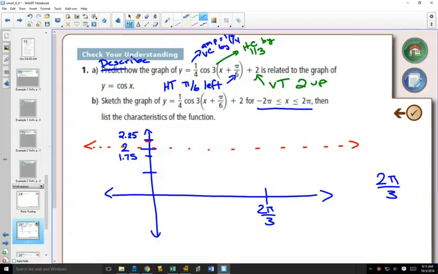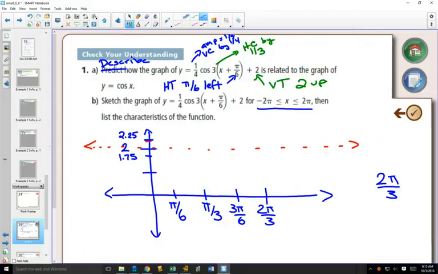Where does a cosine graph start? Oh, I have to divide it into 4 equal sections. So 2 pi over 3, then we divide it into 4 equal sections. Half of that would be pi over 3. Half of pi over 3 would be pi over 6. 1 pi over 6, 2 pi over 6, 3 pi over 6, or pi over 2. So we divide it into 4 equal sections.